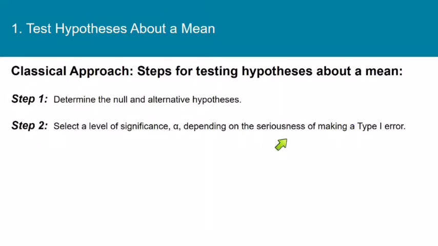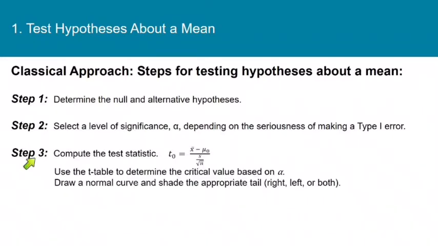So if the consequences of making a type 1 error are really bad, like it's going to put someone's life or even health at stake, then we would want to minimize the probability of a type 1 error, and we would want alpha to be very small. Now, in all the problems we're going to be assigned from our book, they're going to give us a level of significance, but in real life, nobody just tells you the level of significance. You would have to choose it yourself.